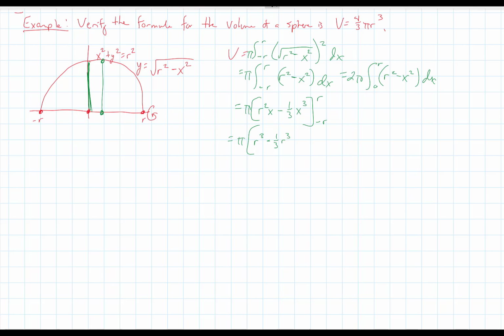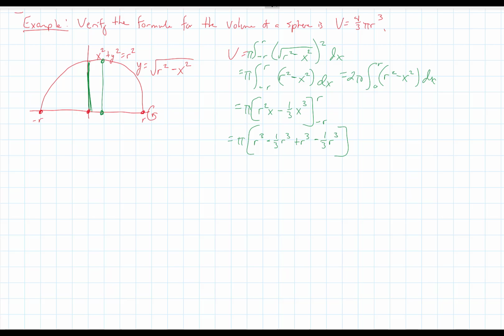When I plug in negative r, so minus a negative r cubed, which then just becomes plus r cubed. And then minus a negative, which is plus 1/3 x cubed, but this is negative r, so that's going to then be minus again. So minus 1/3 r cubed.